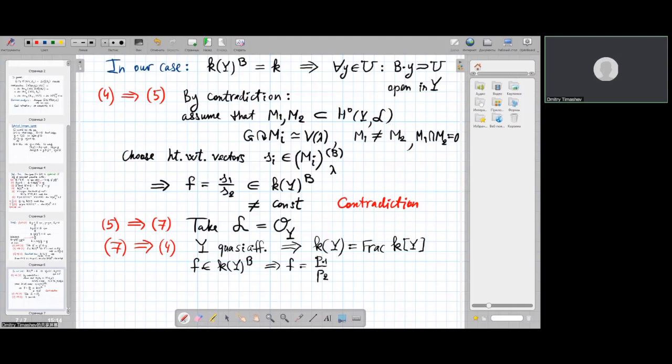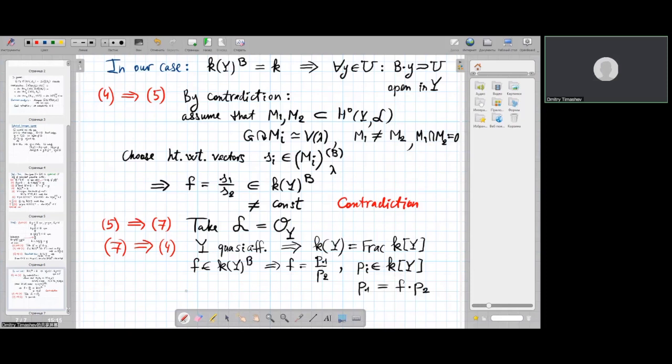These P_i are polynomials, regular functions on the whole Y. I can also write this previous equality in the following way: P1 equals f times P2. So f is just a rational function, but P1 and P2 are regular functions.